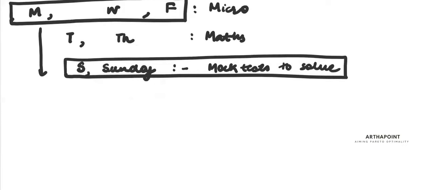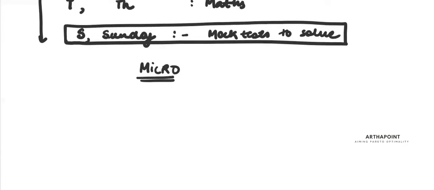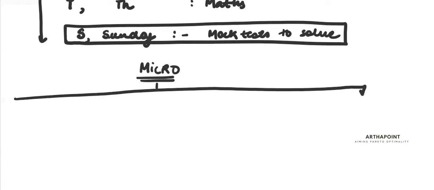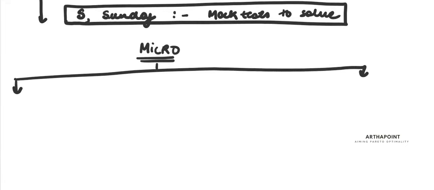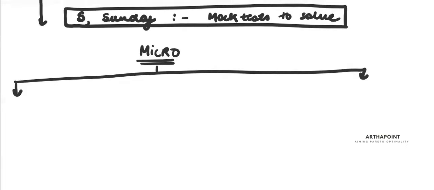Now, when we talk about microeconomics, the entire microeconomics can be divided, according to our curriculum, into approximately 5 parts. The first is consumer theory.